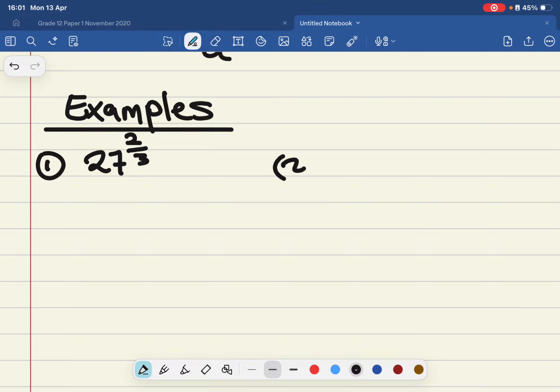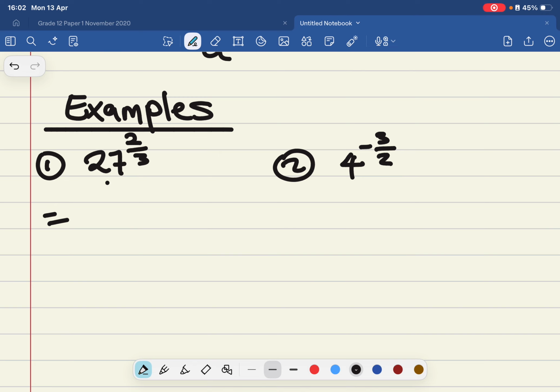And then number 2, you are given 4 to the power of negative 3 over 2. Right, so let's start from the first one.